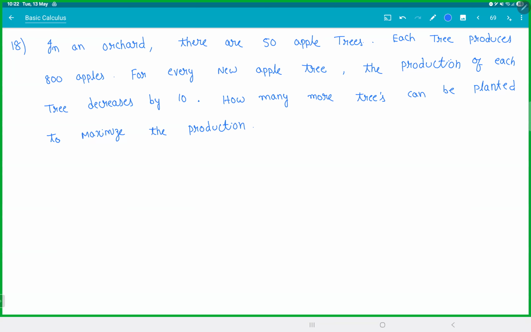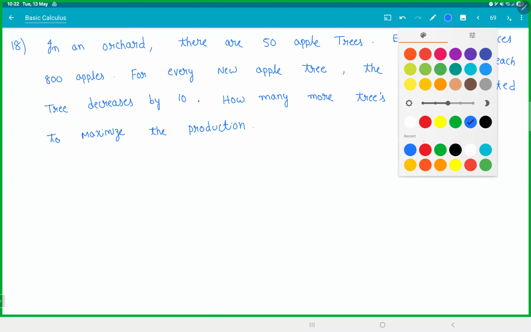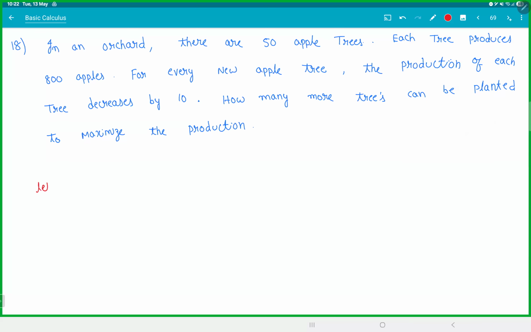Listen how to make this into a statement. Let the new trees be X. Let the production of apples be P. So I'm making variables here.